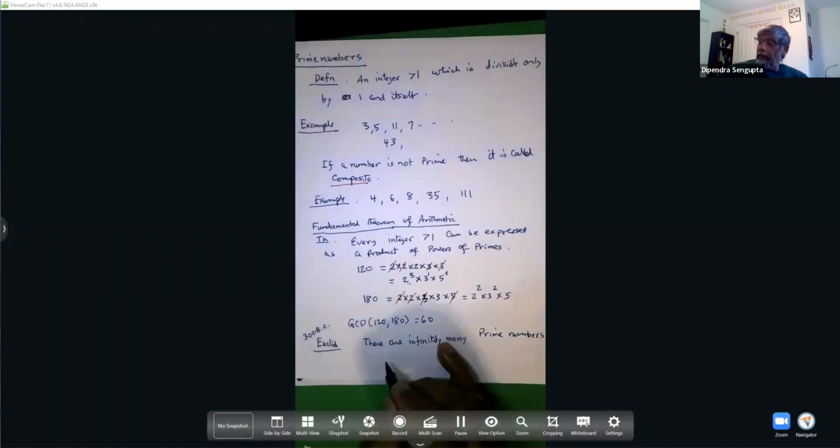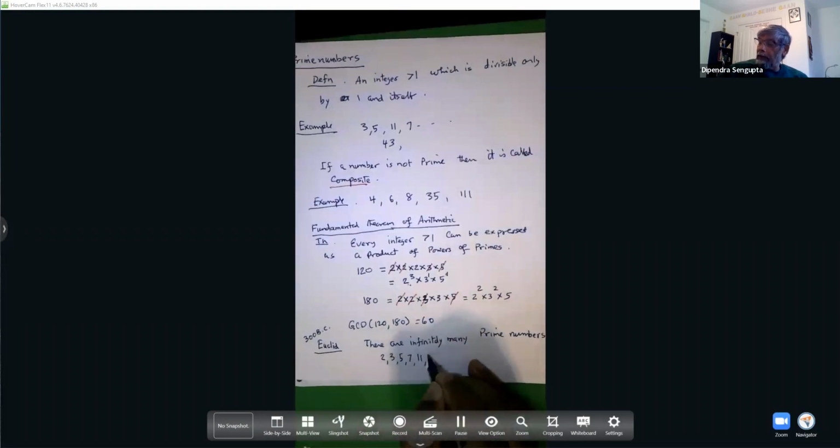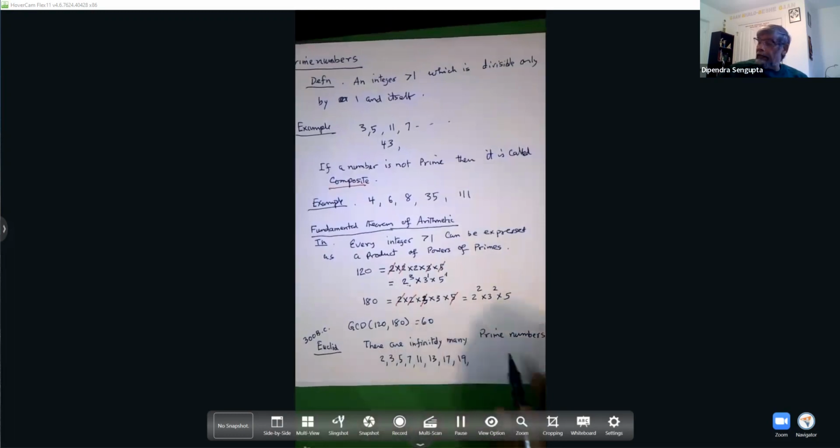For example, start from 2, 3, 5, 7, 11, 13, 17, 19. You can keep writing, but you'll never stop. The numbers get very, very large, but that could be prime, because it never ends.